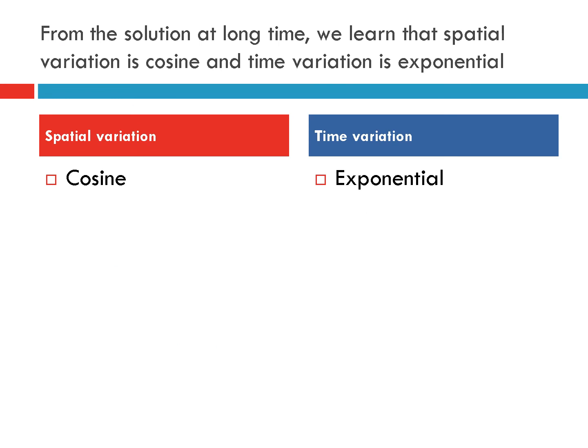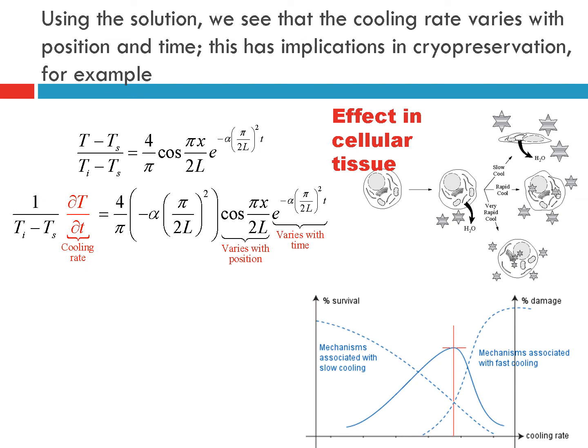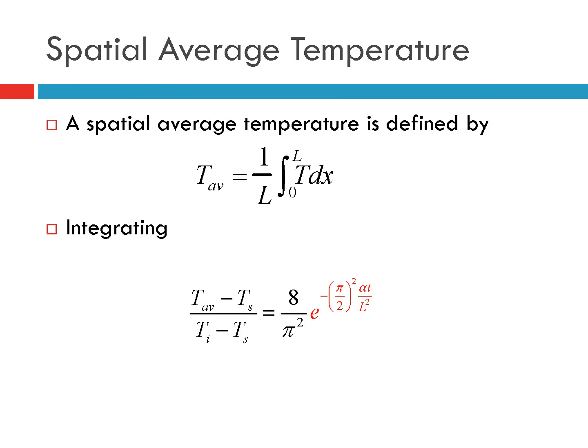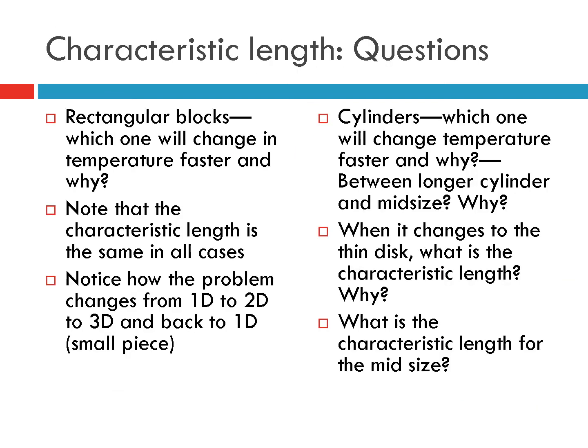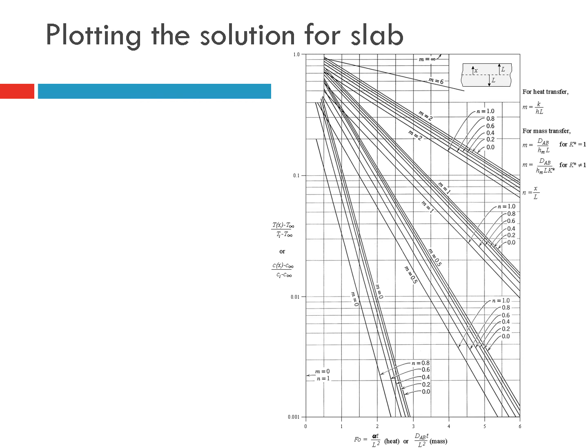So again, to repeat, we learned that the spatial variation is cosine and the time variation is exponential. We skip these other slides that we are going to cover in the lectures, and come to a simple plotting of the solution that we just derived.